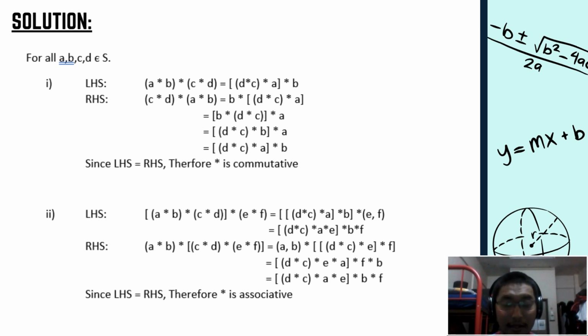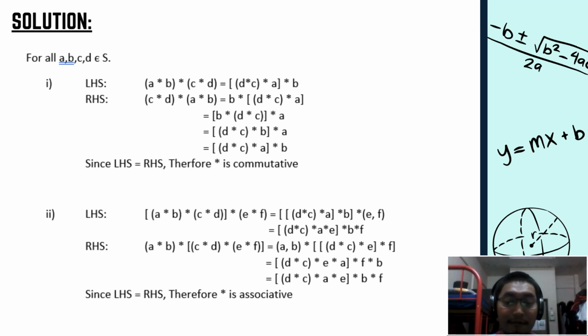And then for the left hand side, we have ((A * B) * (C * D)) * (E * F) equal to ((D * C) * A) * B * E * F. And then at the end for the left hand side we got ((D * C) * A * E) * B * F.